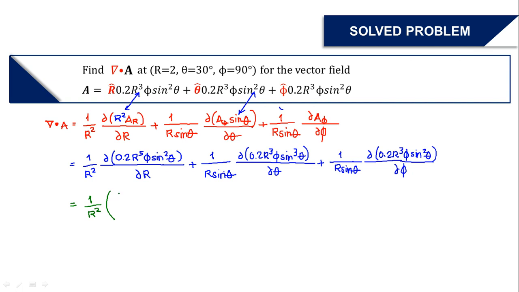So, 0.2 times 5 r to the fourth. Yan. P sin squared ng theta plus 1 over r sin ng theta.